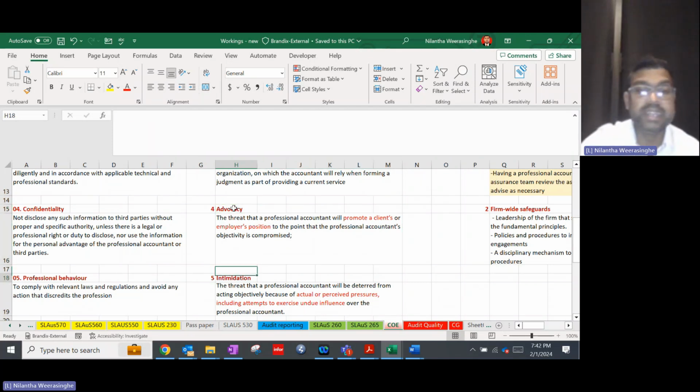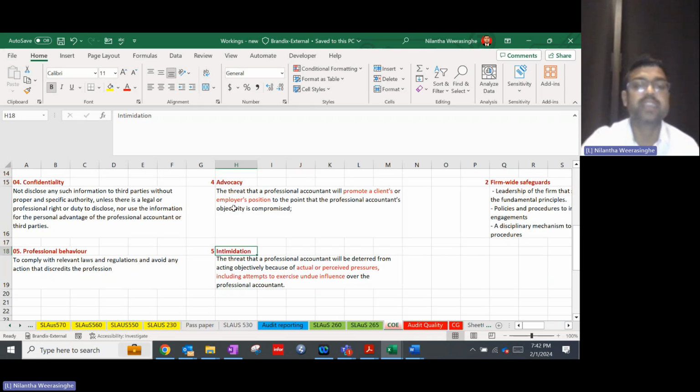Fifth one, intimidation threat. Intimidation threat means the client is pressurizing you, putting undue influence. Example, let's say you found a significant misstatement or fraud relating to revenue recognition. Revenue recognition is wrong. It is not in line with IFRS 15.